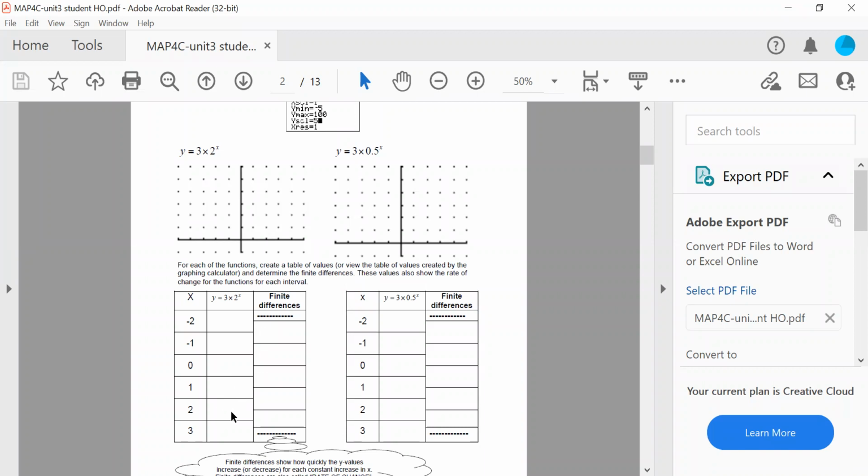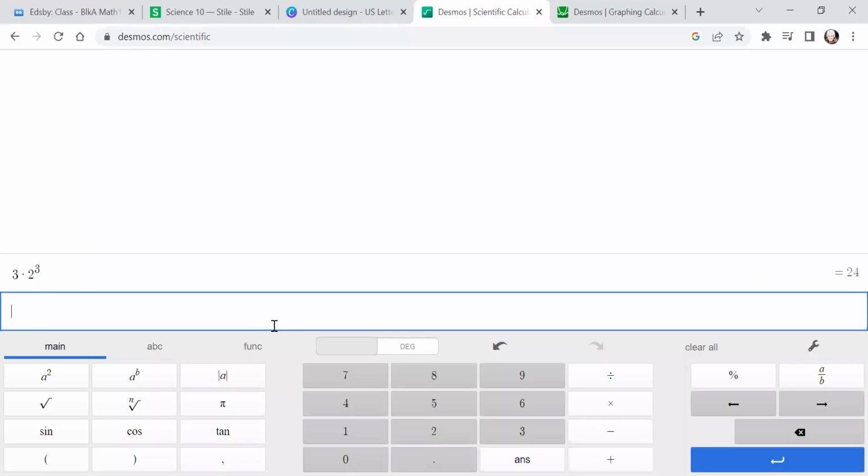Then you're going to put the power of 2, and you'll get 12. And then you put the power of 3, and you'll get, I believe, 24. Let me just try 3 times 2 to the power of 3. Yeah, 24.